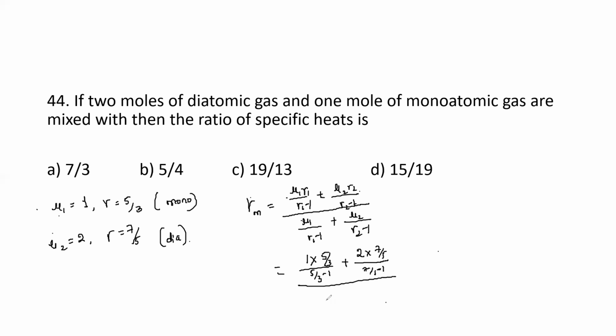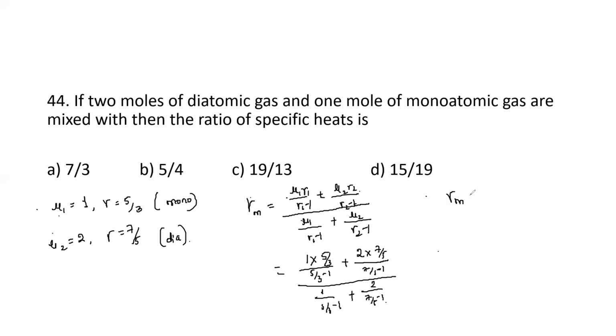This whole divided by 1 divided by 5 by 3 minus 1, plus 2 divided by 7 by 5 minus 1. The formula is very important. When two gases are mixed, we should know the mu values given in the question and the gamma values for monatomic, diatomic and polyatomic gases.